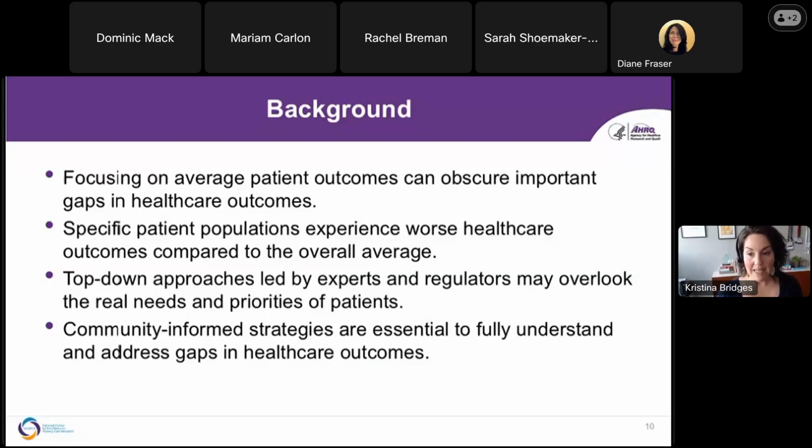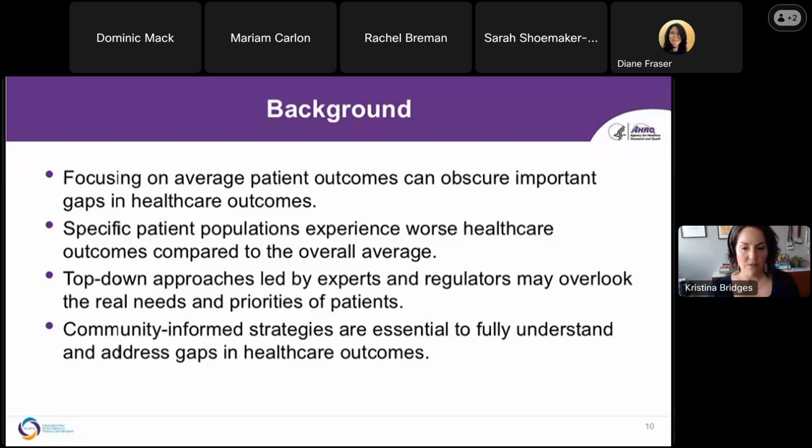These gaps remain hidden when we rely solely on broad top-line data. Traditional top-down approaches, even when well-intentioned, can sometimes miss the mark. Experts and regulators may inadvertently overlook the real needs, experiences, and priorities of patients themselves. And without direct patient engagement, our solutions can fall short of making meaningful impact.